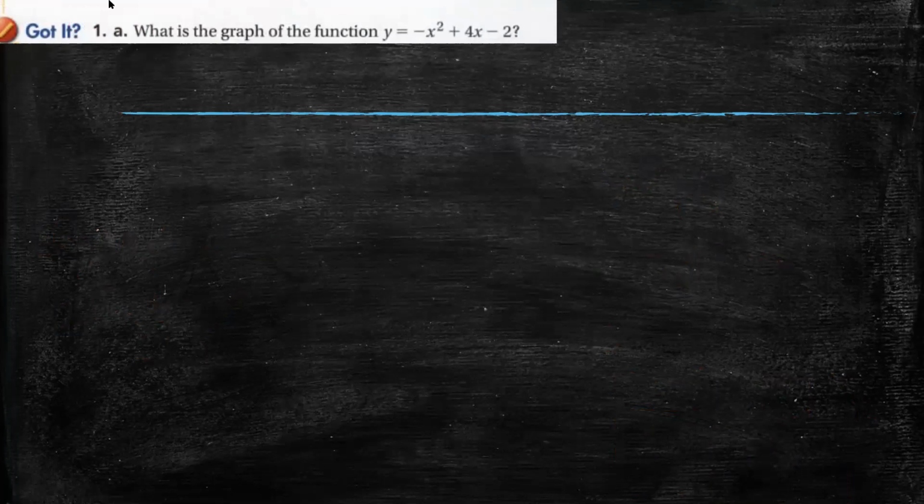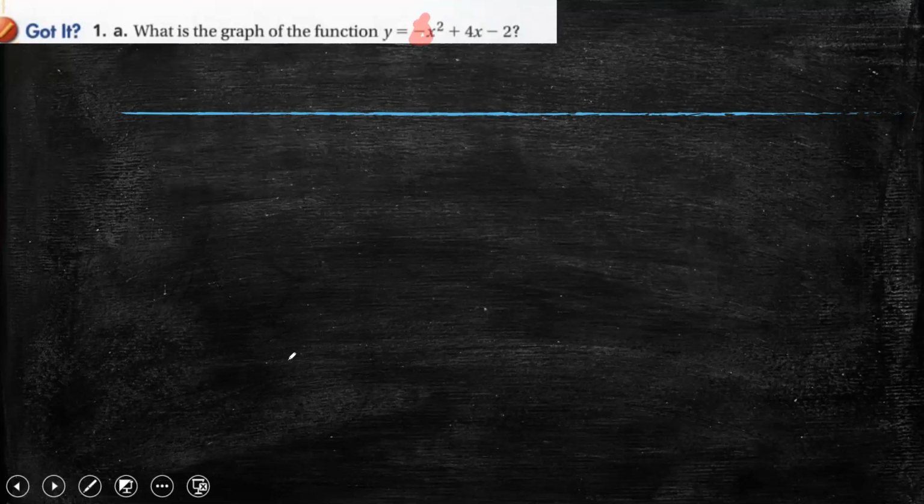Now let's have this example here. What is the graph of the function y equals -x squared plus 4x minus 2? Now look at the coefficients here. It is negative, is it right?